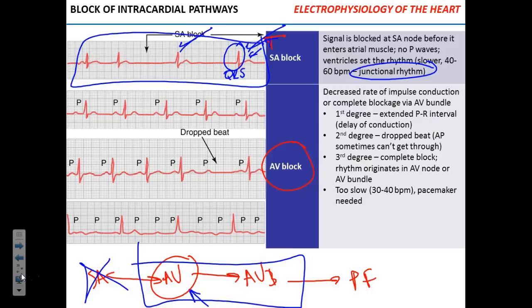So first degree heart block is right here. Due to the partially dysfunctional AV node, the signal that is supposed to reach the ventricles is delayed. So you can see that the interval between the contractions is increased. Does that make sense?